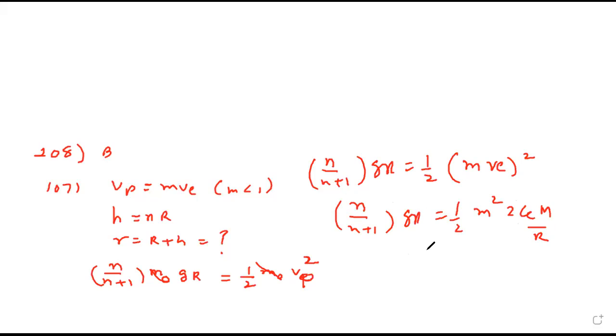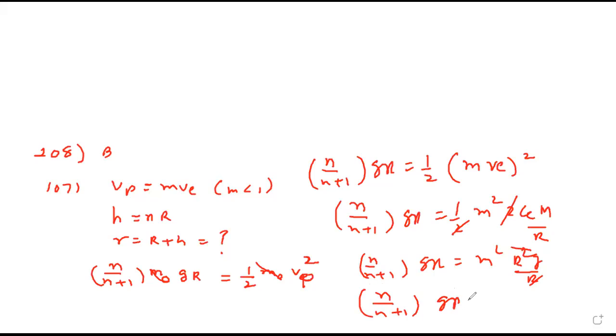So this will become n upon n plus 1 gR, 2 cancels, m squared R squared g upon R cancels. So it is n upon n plus 1 gR equals m squared Rg. You can cancel Rg.